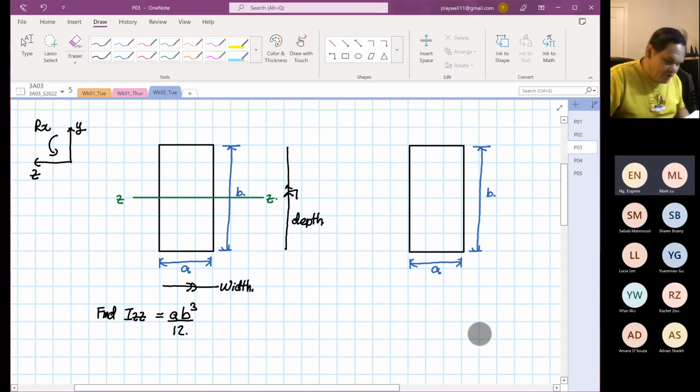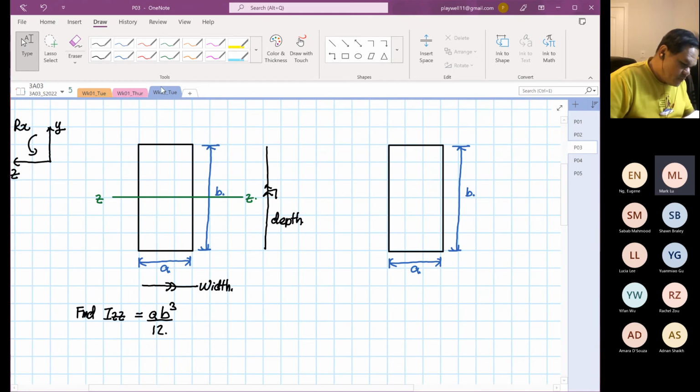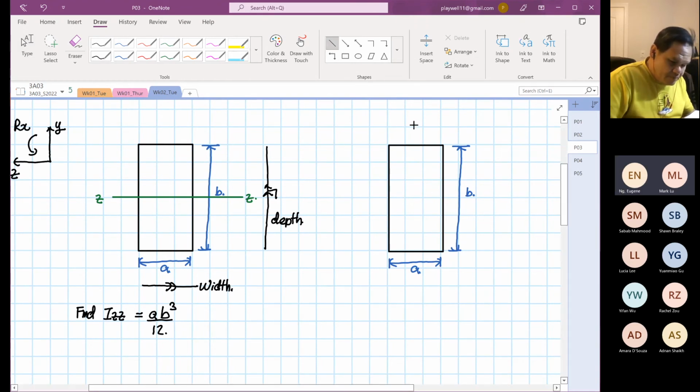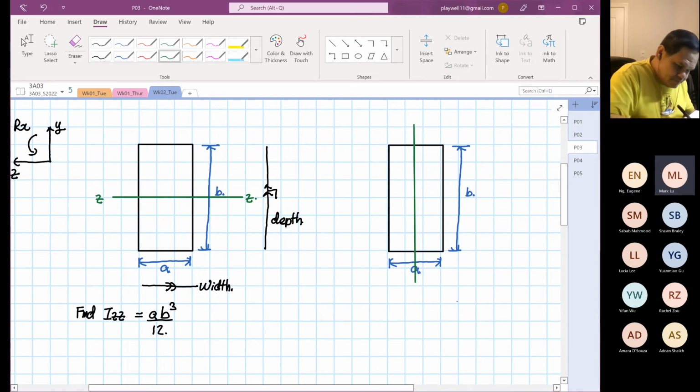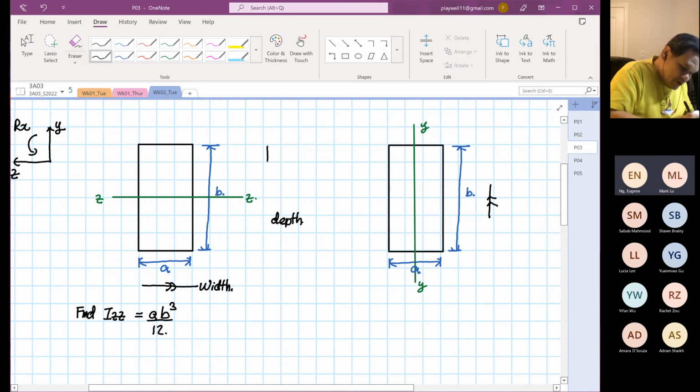Now if we want to find Iyy, this is our YY axis. I should have drawn this as one straight line at 90 degrees.